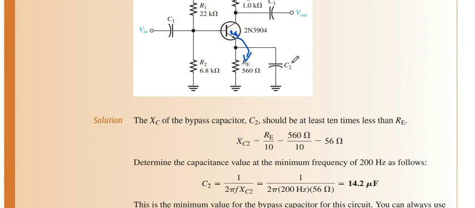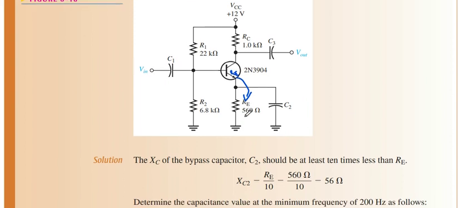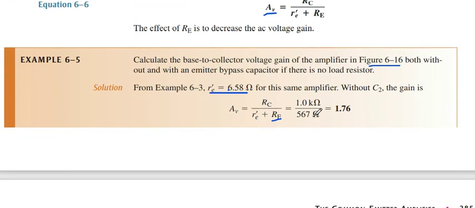But in this diagram, we do not use the C2 capacitor, or bypass capacitor. Then r_e plus R_E, these both resistances add up, and our result is about 1.76.